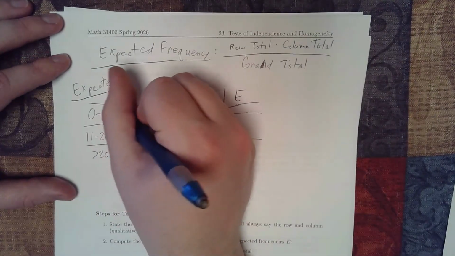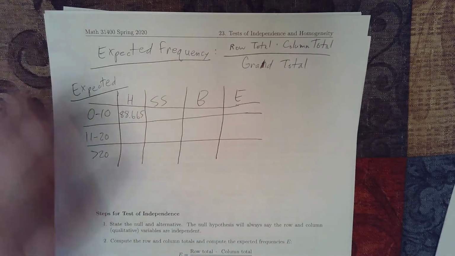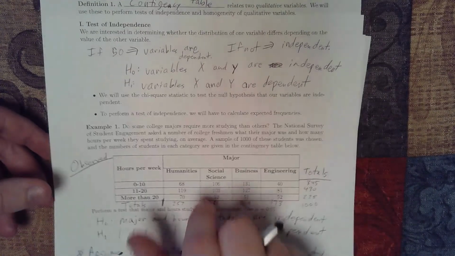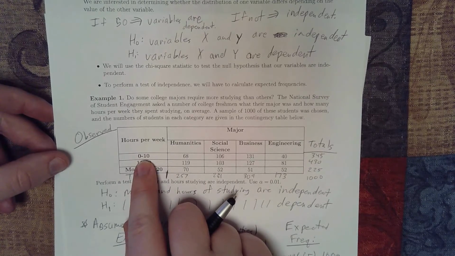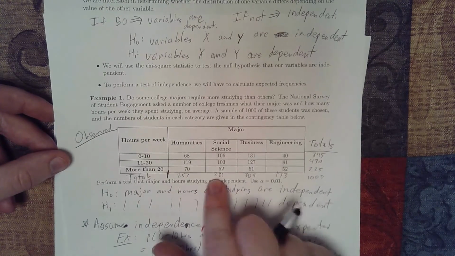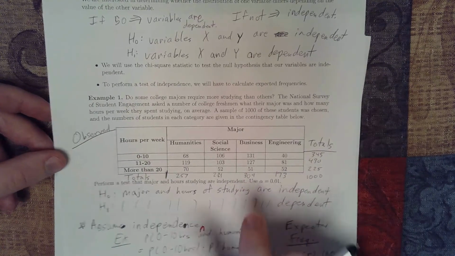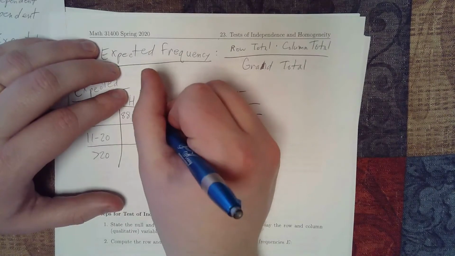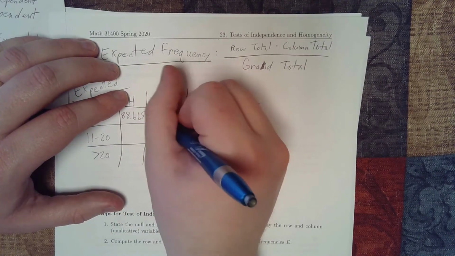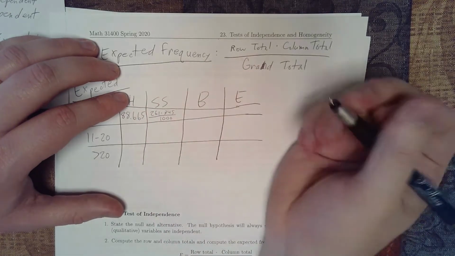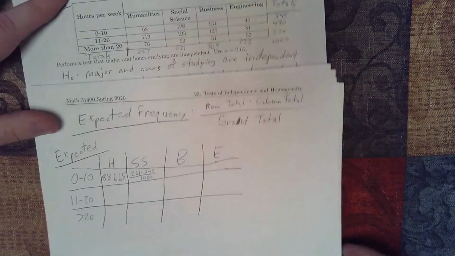Here we found our 88.665. If we want to use this formula to find the number of people who are in social sciences and studying for 0 to 10 hours a week, we'll take 261 times 345 and divide it by 1,000. So 261 times 345 over 1,000.